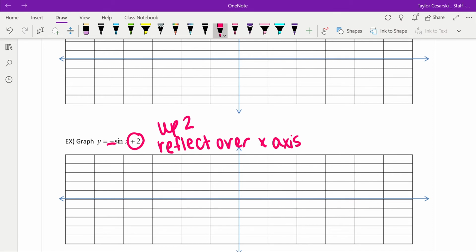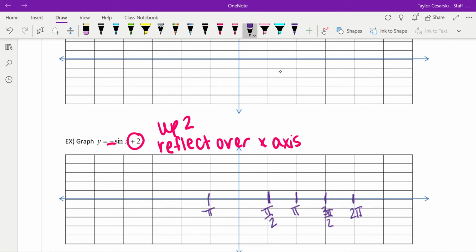So we know the period is 2 pi, so here's how I always say to do it: that's going to be the fourth line, 2 pi. Then obviously you're going to have to work backwards, so this is 3 pi over 2, this is pi, and this is pi over 2. That should be pretty familiar because that's your unit circle.